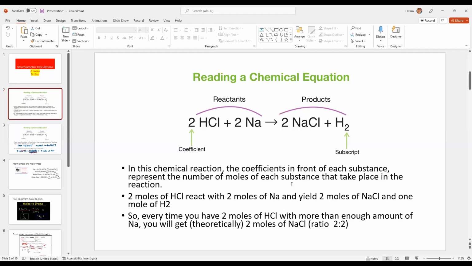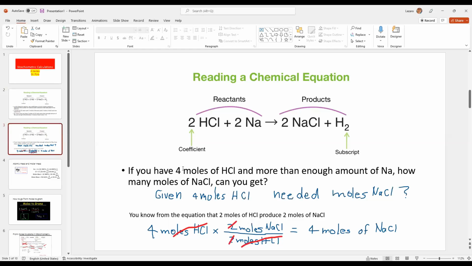We are going to speak about this later, but these coefficients are the ratios, and these ratios are very important in the stoichiometric calculation.